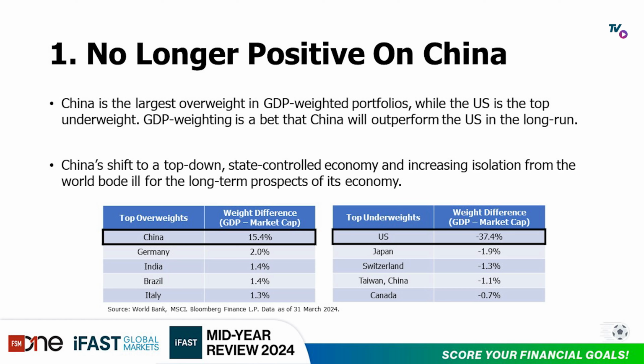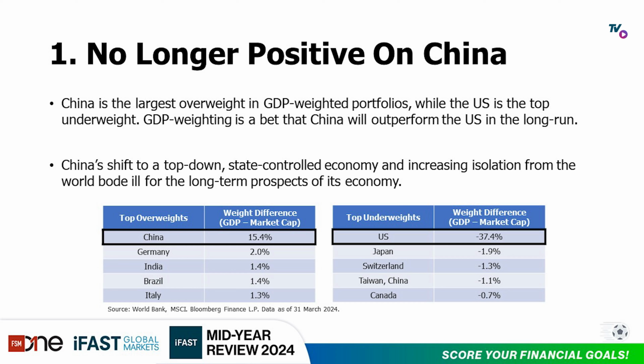And the reason for that is because China's economy is a lot bigger compared to the value of its stock market. And similarly, if you look at the table on the right, which shows you the top underweights in your portfolio if you do GDP weighting, the US is the single largest underweight position. In fact, you will be massively underweight the US by a huge 37.4 percentage points.